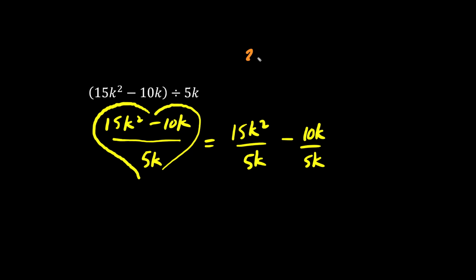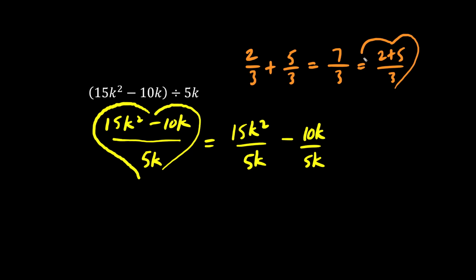Recall then, when we have a fraction 2/3 plus 5/3, when the denominators are the same, we can combine this into one term. 2 plus 5 is 7. So in the same way, we have 2 plus 5 over 3 can be split apart into two terms, 2/3 plus 5/3.